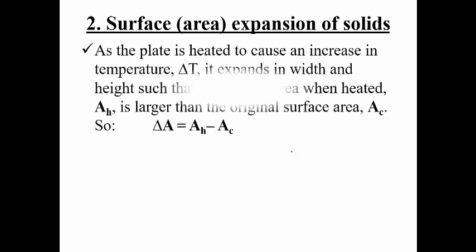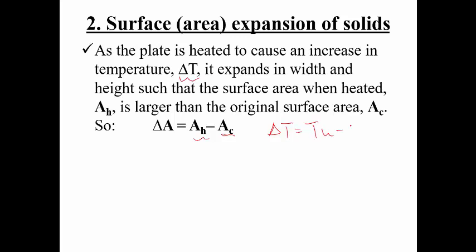And the second one is surface or areal expansion. In this areal expansion we have two areas, AC, the area at cold, and AH, the area at hot. The difference of the two is the increase in area, because of the change in temperature, which, as I said before, is always TH minus TC.